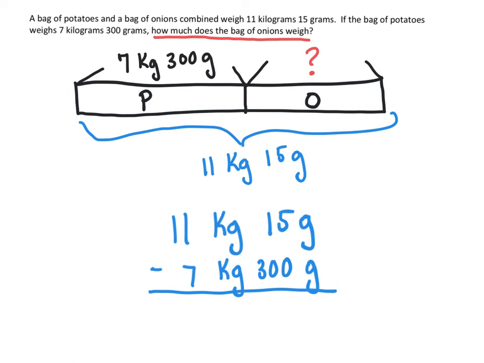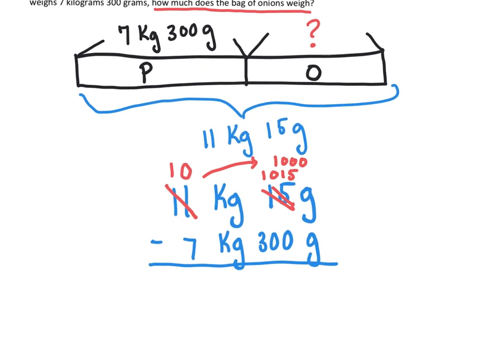Well, we're going to take a kilogram away, which gives us 10 kilograms. And there are 1,000 grams in 1 kilogram. So now we're going to take that and add that 1,000 to this side. So really it becomes 1,015 grams. So now we can actually subtract.